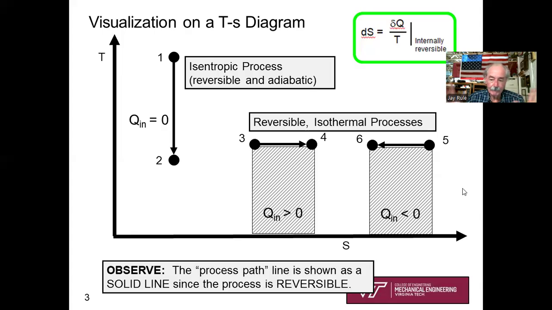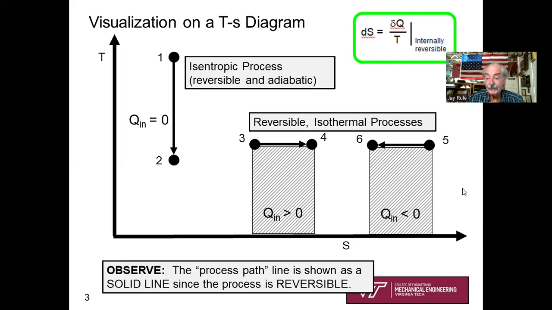That's really the point I want to make in this video: if you're given a TS diagram and the process path shown as solid lines, it doesn't have to be a straight line, just a solid line, that means the process is reversible and the process path is known.